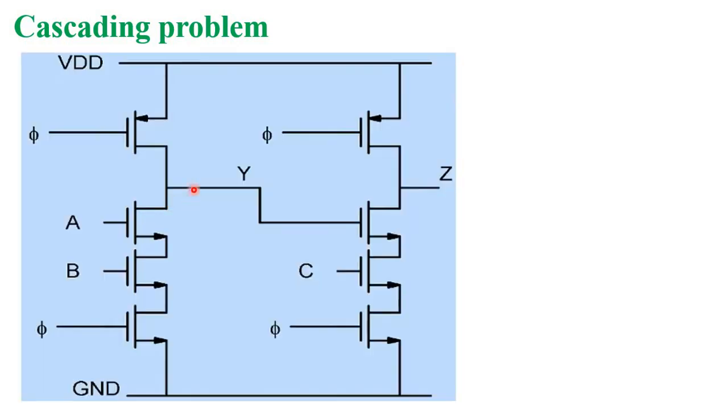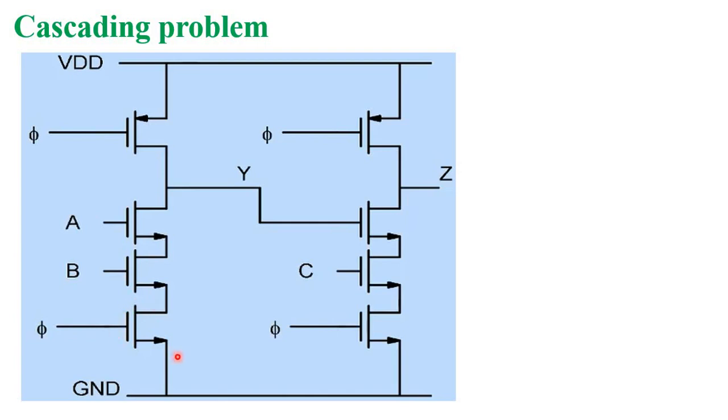So what is the cascading problem? Here one dynamic CMOS logic is connected to another dynamic CMOS logic. In the pre-charge phase, phi is equal to 0, so the pull-down network is in the open-circuited condition.